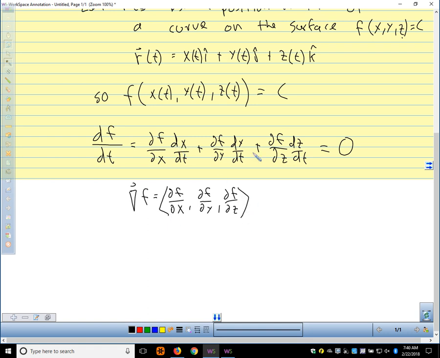And what is this dx dt, dy dt, dz dt? R prime, right? Isn't that R prime? R prime is the vector dx dt, dy dt, dz dt.